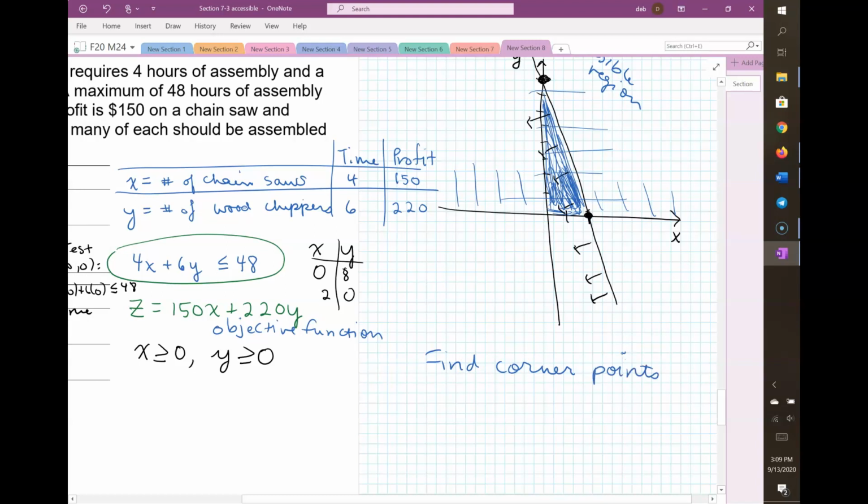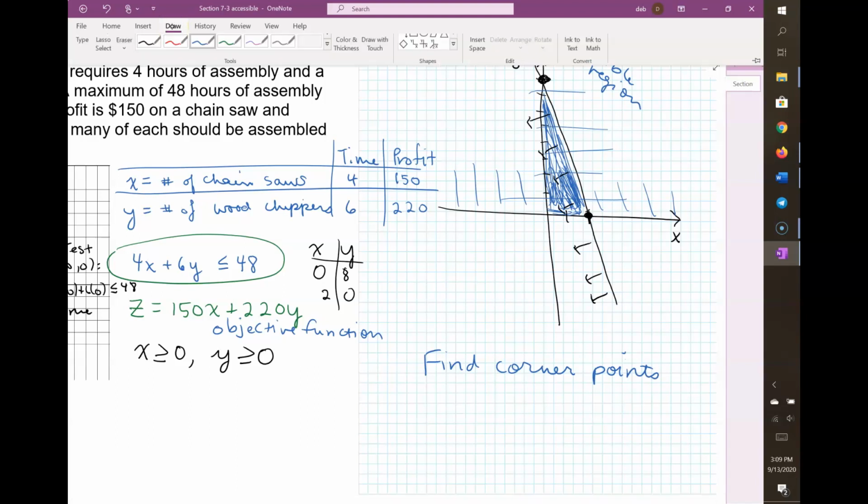So lucky for us, some mathematician proved that the highest value of the objective function and the lowest value of the objective function will happen at the corner points of the feasible region.